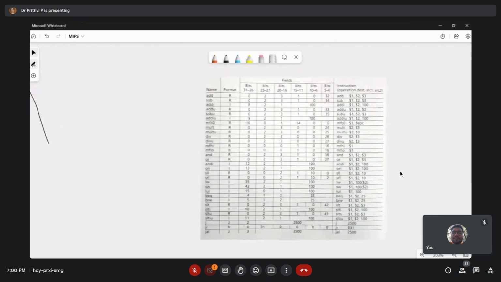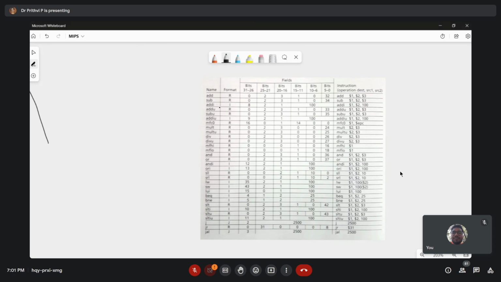So completely, if I take the formats, see here, add, subtract, simple ALU arithmetic logic operations are taking the R format. These are the formats we have mentioned. And for something like an immediate operation, we are going for I format.